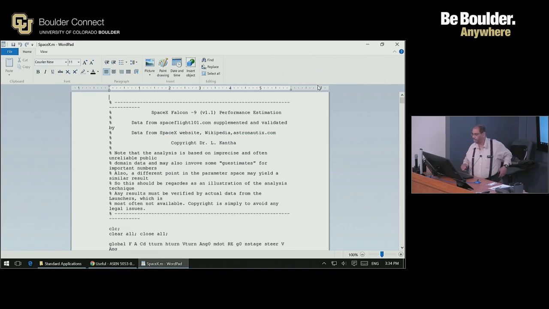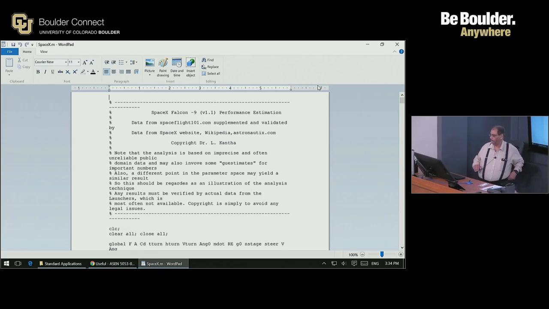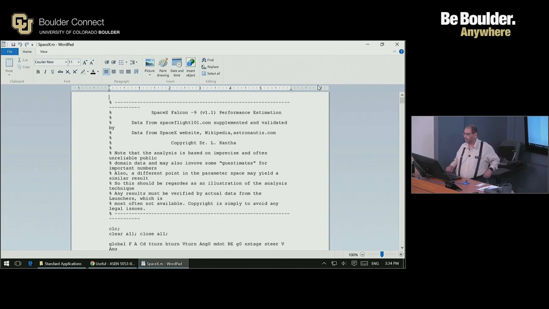This is the code that extracts the performance for SpaceX Falcon 9 version 1.1, an earlier version. They have a newer version 1.2, FT, and so on.